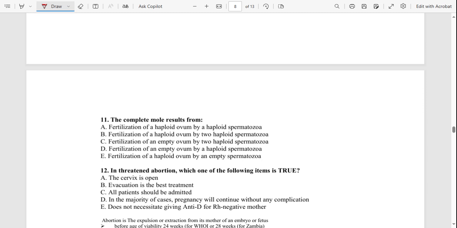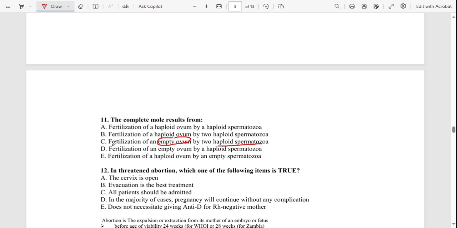So for our options, it's fertilization of a haploid ovum by two haploid sperms. You can have two of them, or you can have only one haploid sperm.